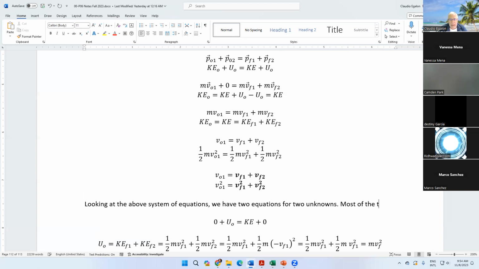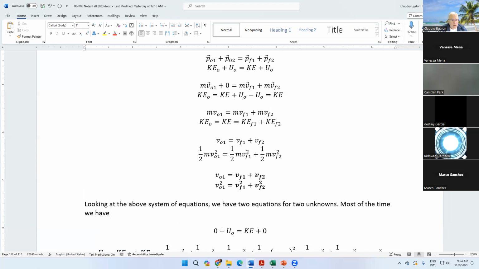Most of the time, we have the same number of equations and unknowns. Most of the time, not all, okay? We can solve the problem. So if you have one equation for one unknown, we can solve it.